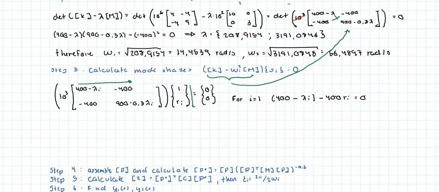Notice again that the 10 to the third power disappears because we simply divide both sides by it. And then we get minus 400 plus 900 minus 0.3 r sub I, rather.